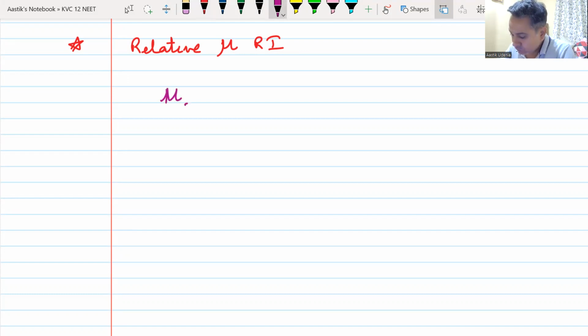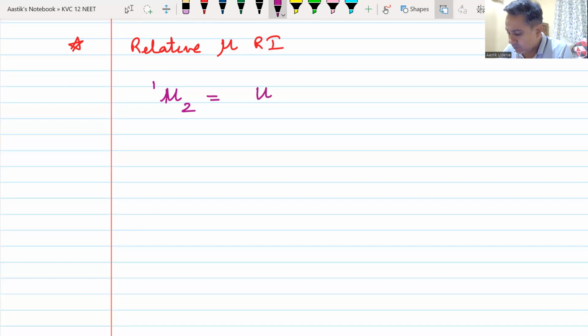Mu 2 with respect to 1. Refractive index of the second medium with respect to the first medium. Do we get this?